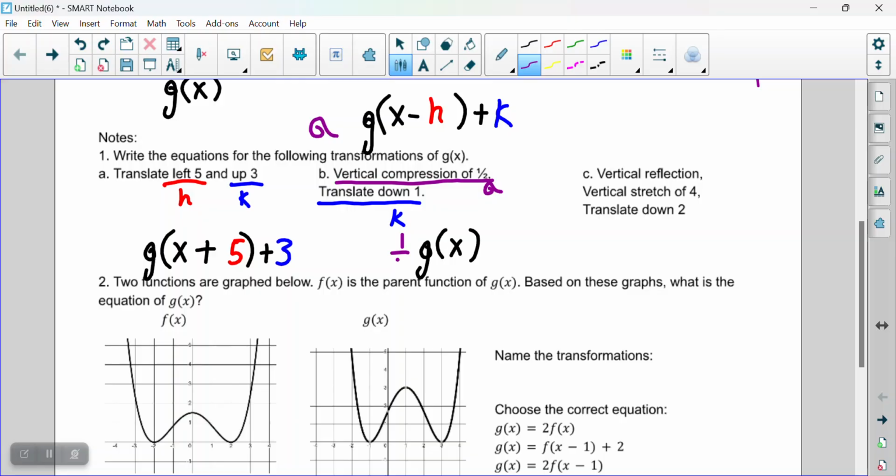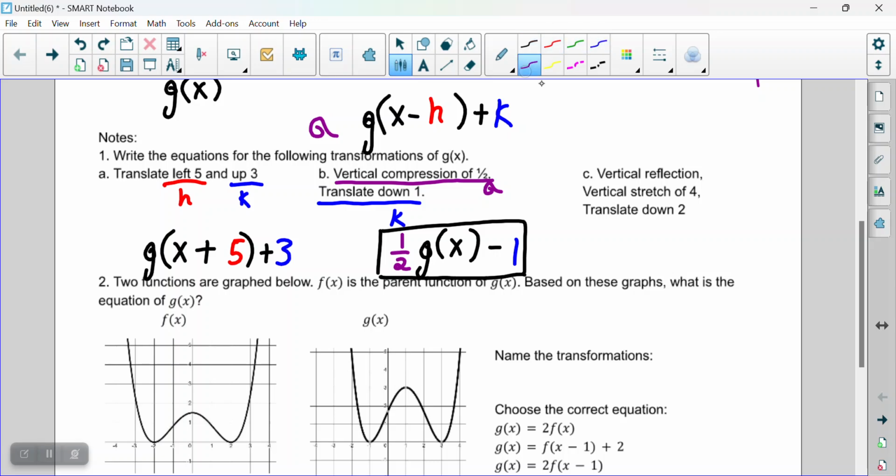That means I'll have a 1/2 in the front. Plus down 1 is going to be a minus 1. Well, we don't need to have a plus minus. That's strange. Let's just make this minus 1. Just so we can separate the answer from that stuff I read up top.